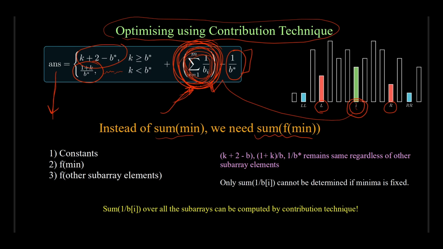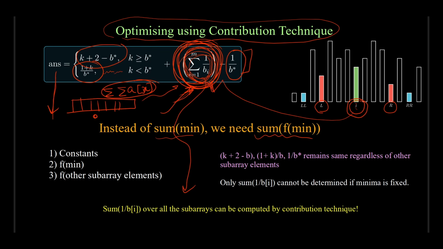So you don't actually have to worry about this right now, because you can find this using another contribution technique. If I give you a subarray and ask you to compute the sum of ax, this part you can do by contribution technique. Why?